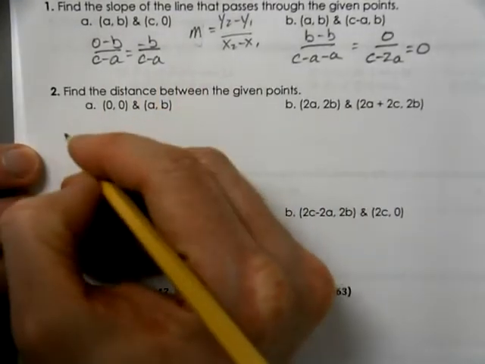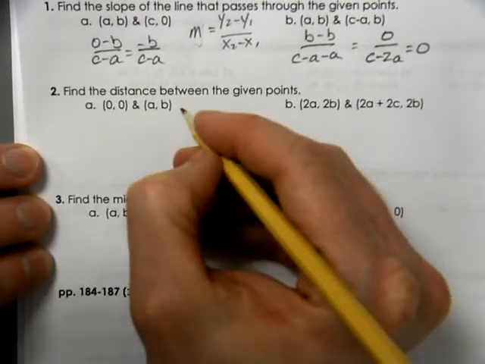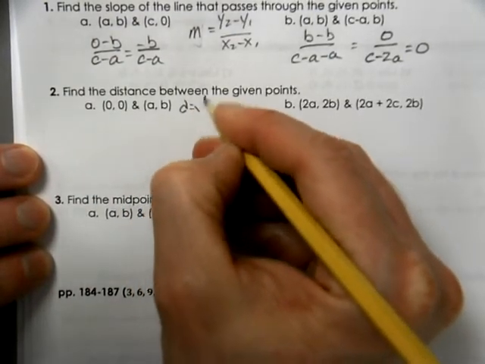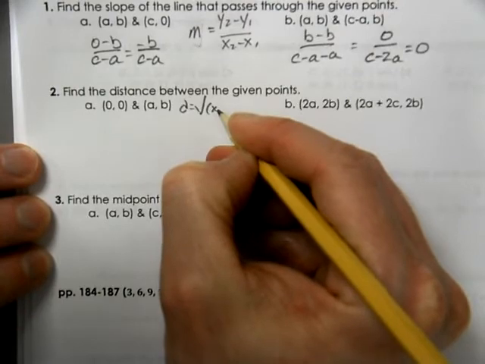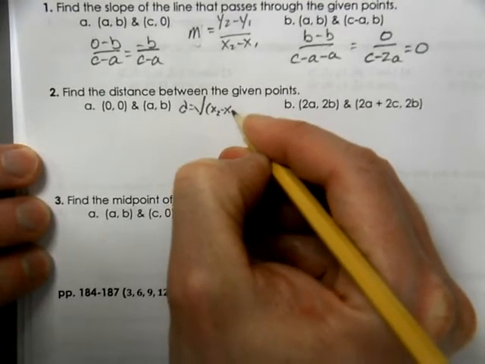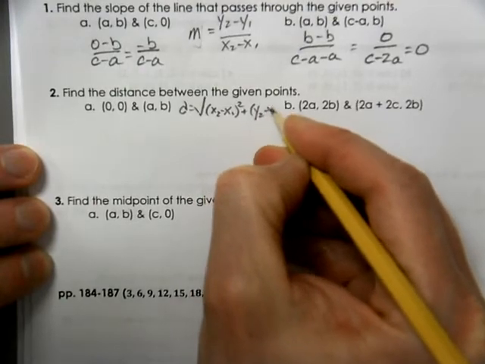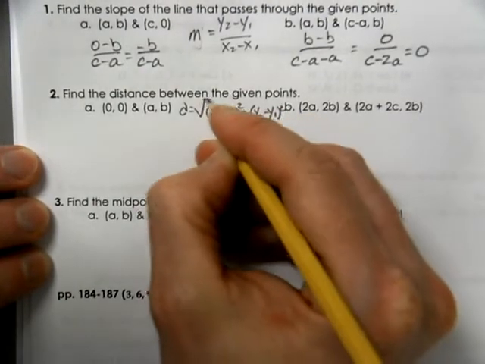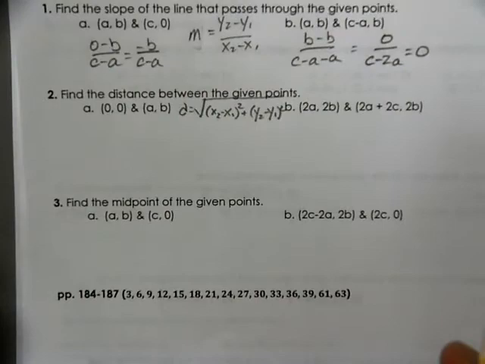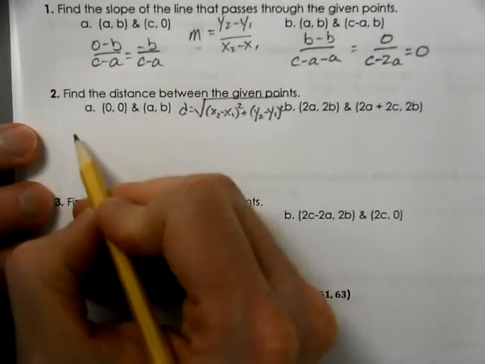Find the distance. Well, the distance formula is x2 minus x1 quantity squared plus y2 minus y1 quantity squared. We take the square roots of both of them.